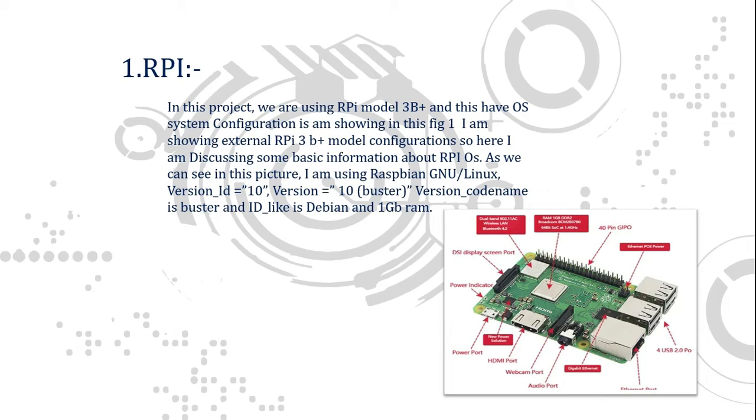In our project we are using the Ethernet port for access to the Raspberry Pi operating system, and one USB port for our USB mouse and keyboard, and the webcam port to connect our camera.